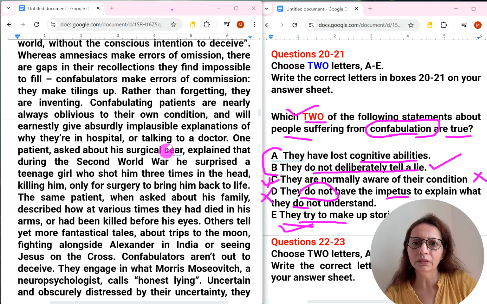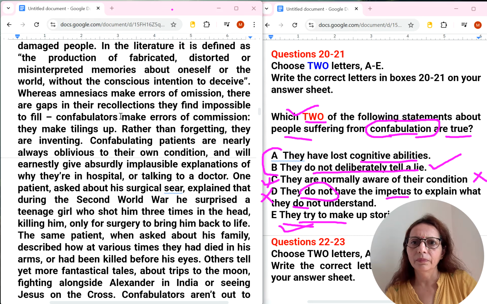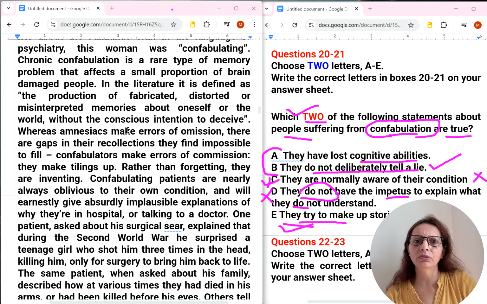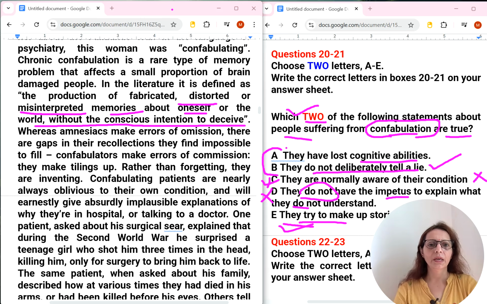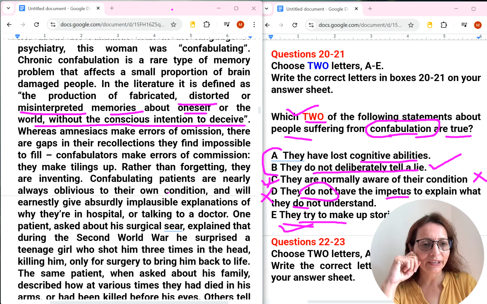Here also it is clearly given: distorted, misinterpreted memories about oneself or the world without the conscious intention to deceive. It means they do not deliberately tell a lie. This also will come. So B and E will come here. So definitely this is a difficult kind of reading.